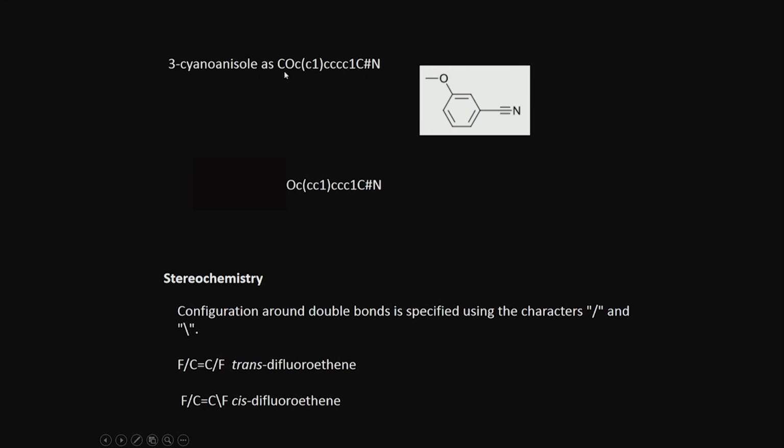So, you can see CO, that is it starting from that corner, COC, that means you are coming here, and then this C1 is like this, and then you have C1 C triple bond N, okay. So, this C1 means here and then C, C, C, C, C triple bond N, they are all connected.